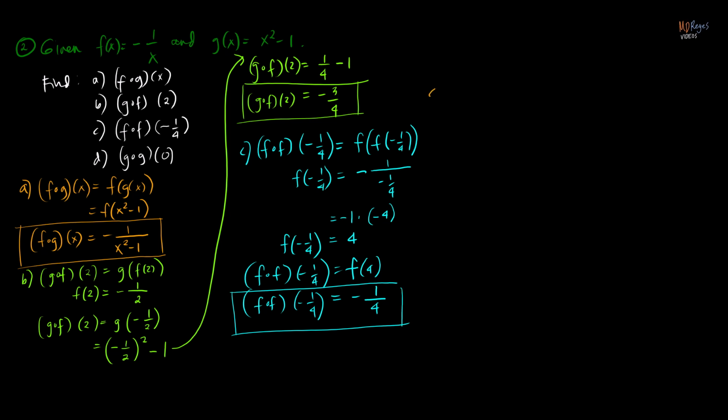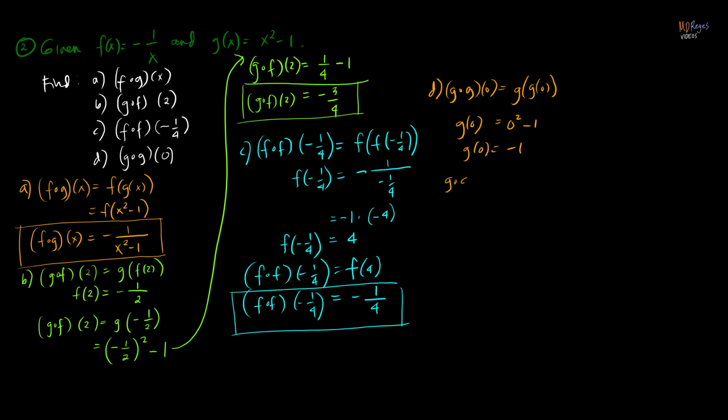Now for the last one, letter D, g circle g of 0. By definition, that is g of g of 0. But what is g of 0? G of 0, according to the function, is 0 squared minus 1. So we substitute a 0 for every x in the function g. So g of 0 is equal to -1.